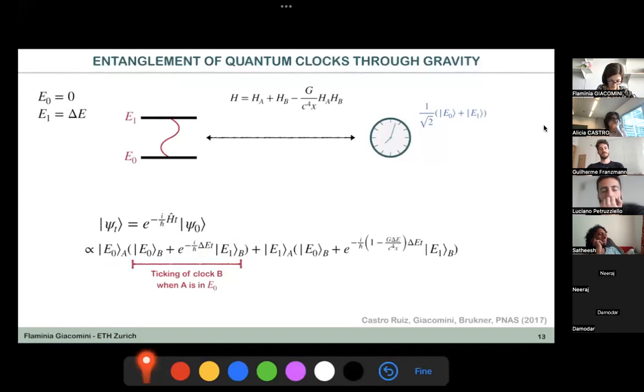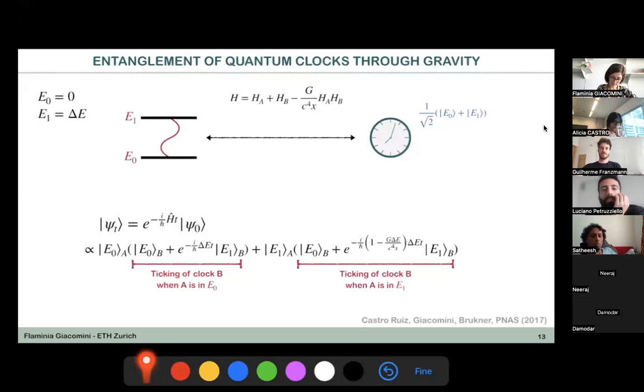Now, let's instead consider A to be in E1. So when A is in E1, then we will have this contribution here, but also this contribution here of delta E. So instead of HA, I put delta E here, and so I will have an additional term here. And so the clock B will tick in a different way when clock A is initialized in E1.